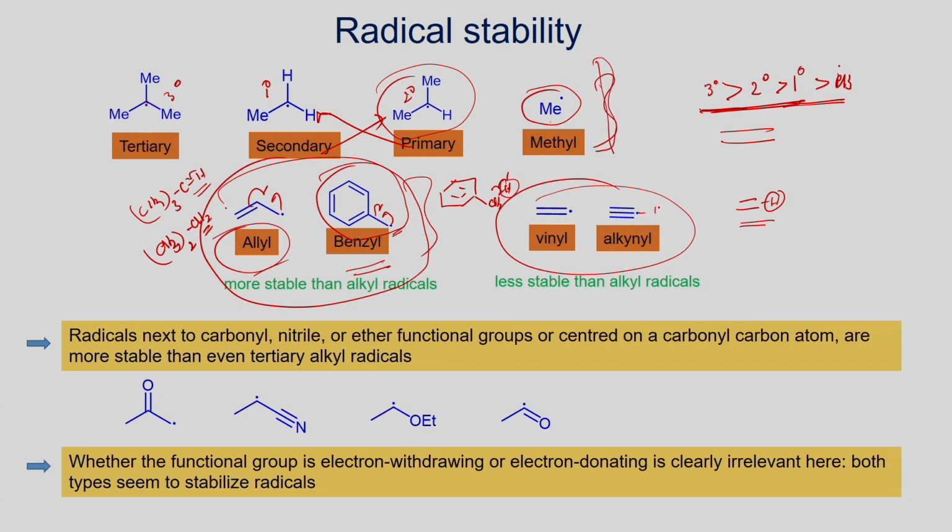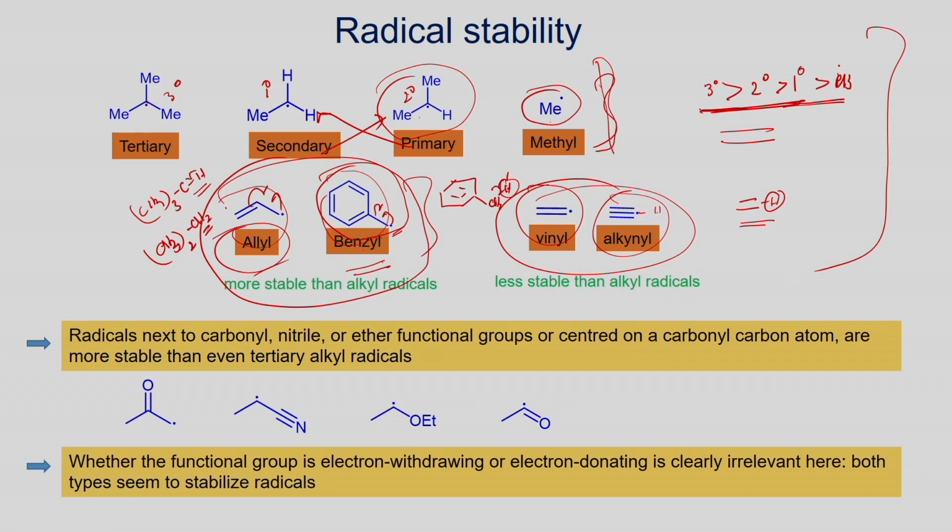In other words, the allyl and benzyl radicals are more stable than the alkyl radical, which is more stable than the vinyl and alkynyl radical. These are about the stability of the radicals.